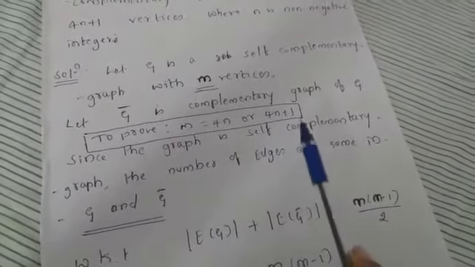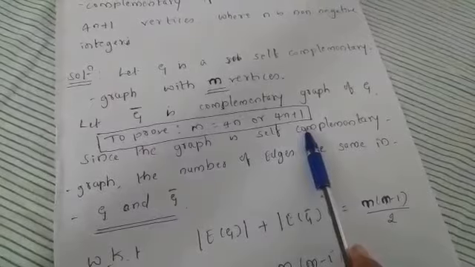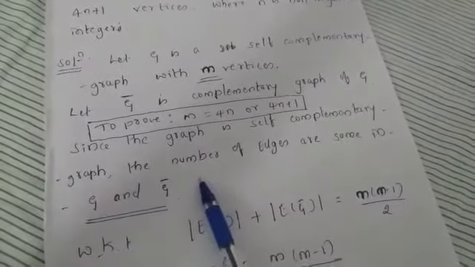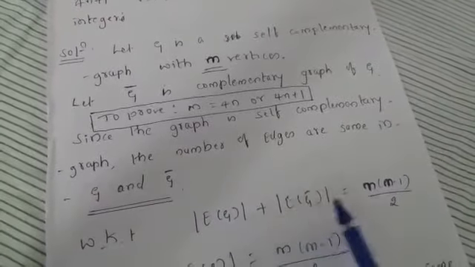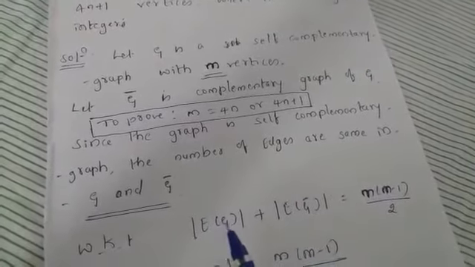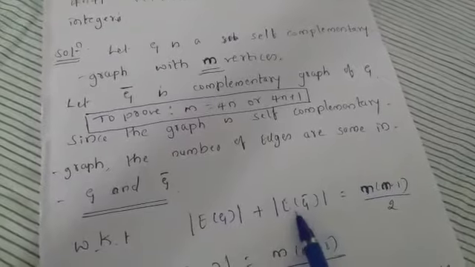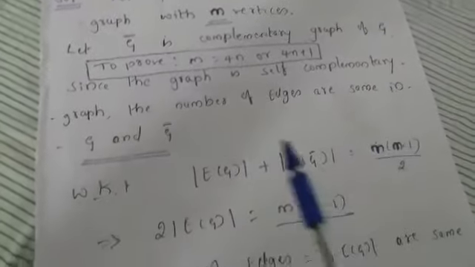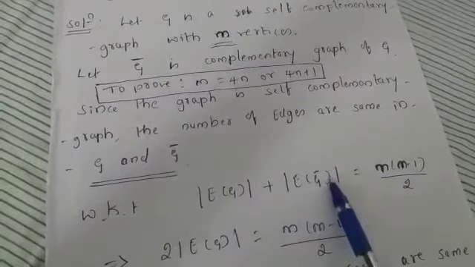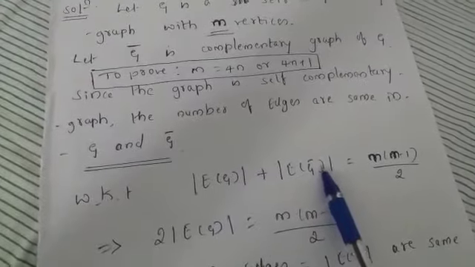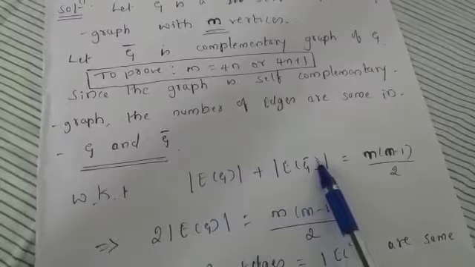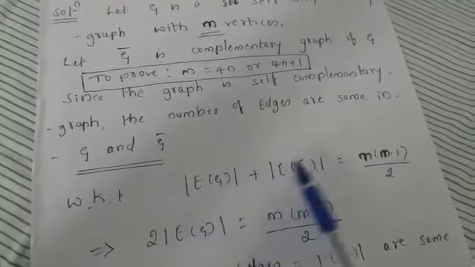Since the graph is self-complementary and the number of edges is the same in G and G bar, using the formula, the number of edges in G plus the number of edges in G bar is equal to m into m minus 1 divided by 2. Since the edge set is the same size for both G and G bar, these two are equal.